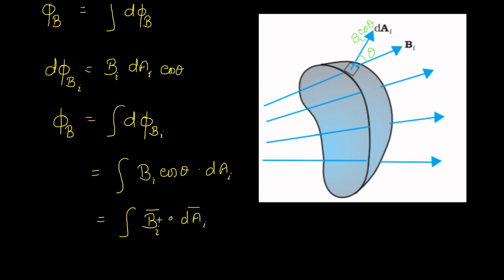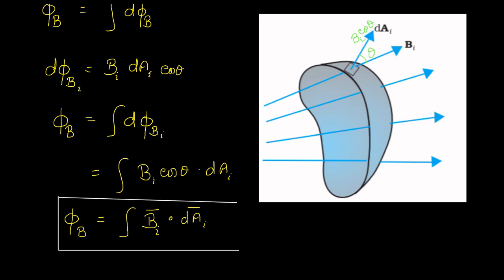Both these are vectors. That is the total magnetic flux through the entire irregular surface. Thank you.